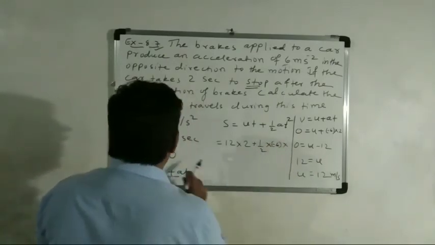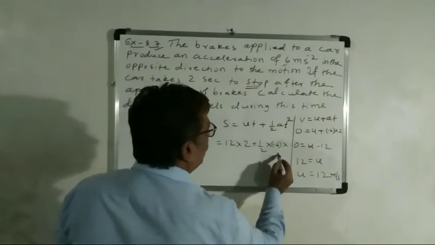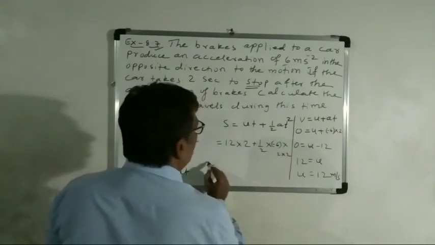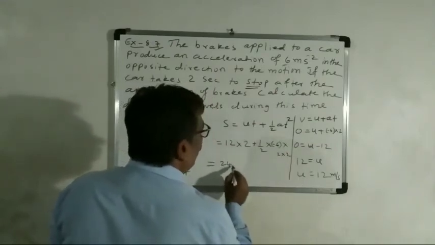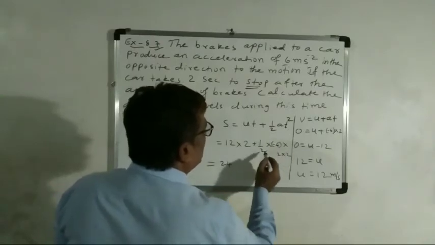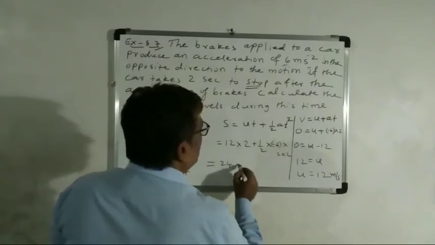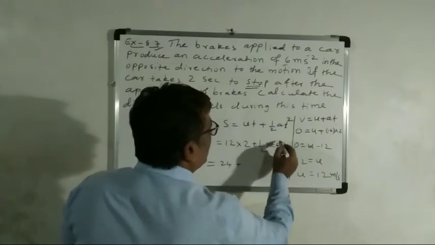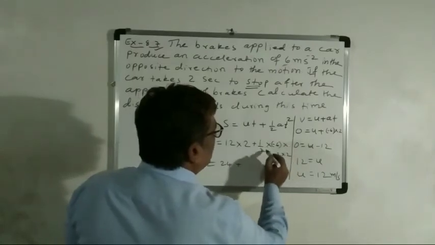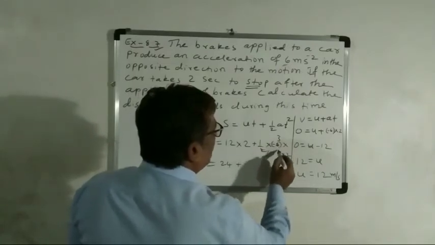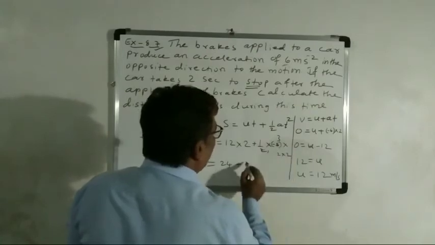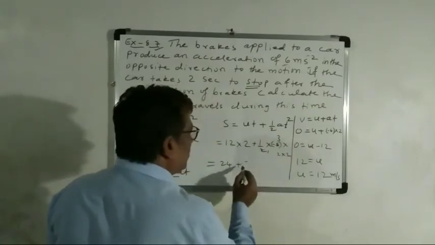And t square. T square means 2 into 2. 2 into 2, what is the answer you got? 12 into 2 is 24. Half into minus 6 into 4: 2 threes are 6, then 3 into 4 is 12. The minus 12, so plus into minus is minus.